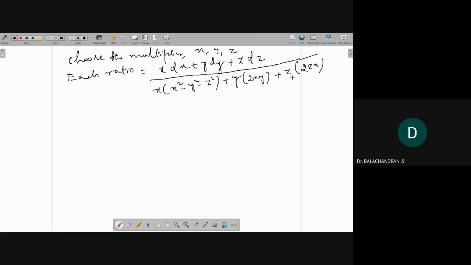Here the denominator is not equal to 0, but the reason I am choosing x, y, z, you can see after finishing this procedure.